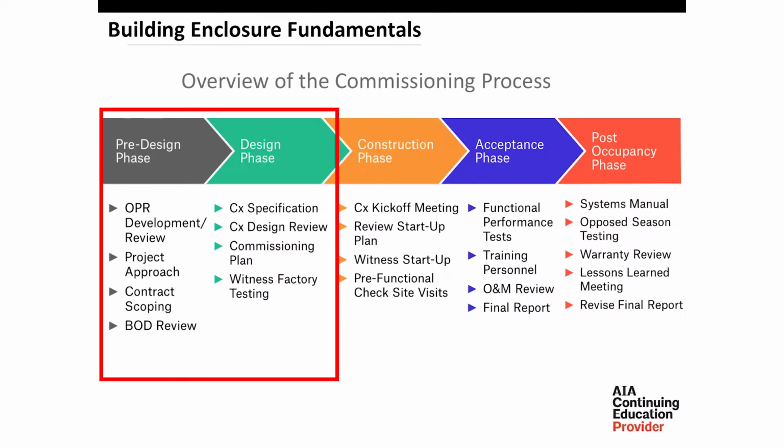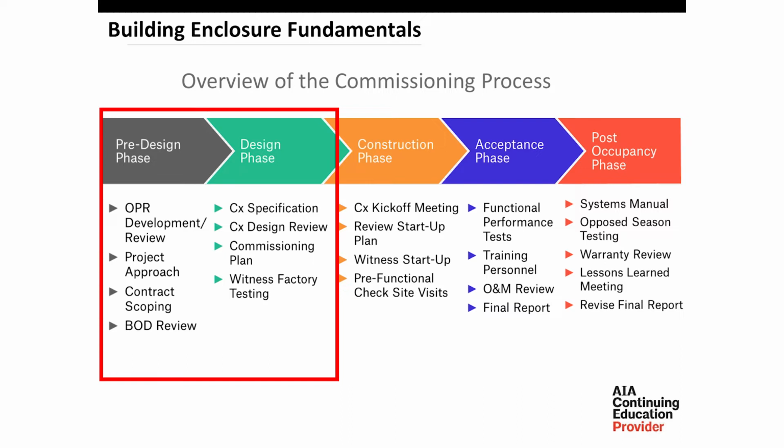And at the same time, we have this commissioning process. And so we're really talking about trying to integrate those two processes together and make them a bit more seamless than they seem to often be, at least as it relates to building enclosure commissioning.